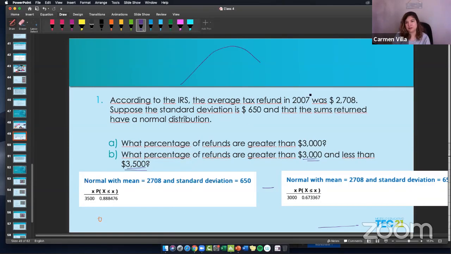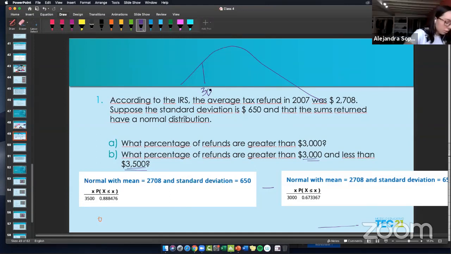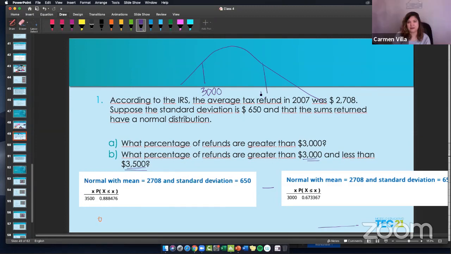Because we want only from 3,000 to 3,500. So we only want this part, okay? So the biggest one minus the smallest one.